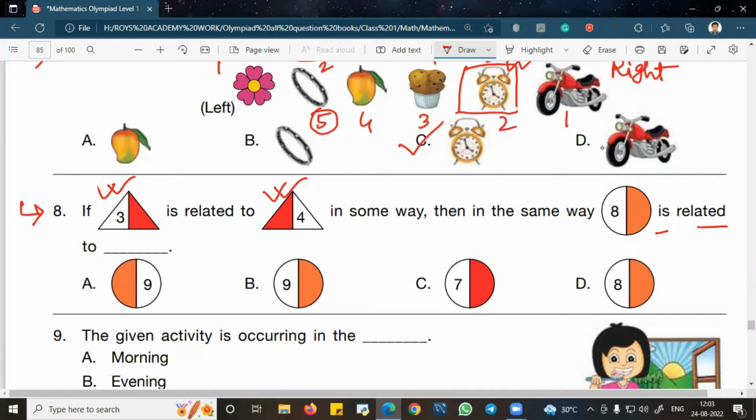At first we see this figure. This is a triangular figure. Now the half portion on the left belongs to a number, that is 3. And the other half is colored red. Now we have to relate this to the second figure. This figure is also triangular, but in this case the left side is red, and the right side has a number written. We see 3 plus 1, that is 4.